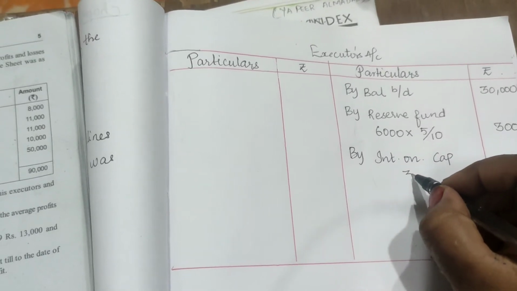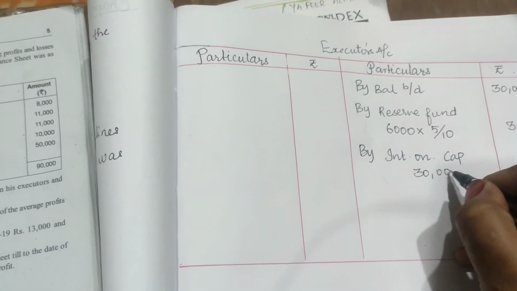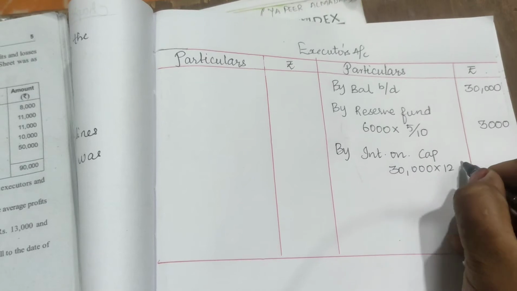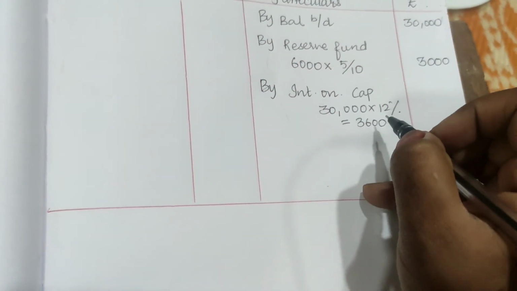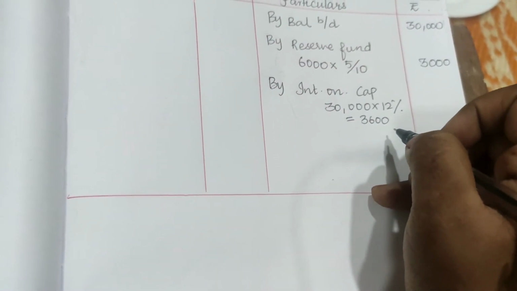Interest on capital: 30,000 into 12% is 3,600.